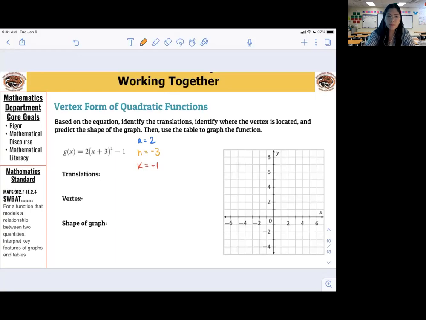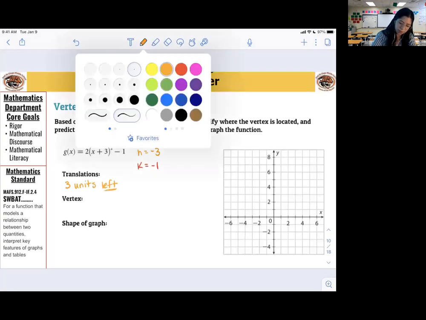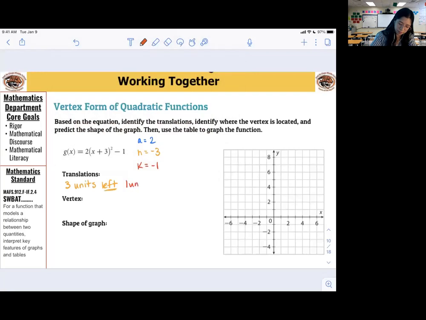Three units left and 1 unit down. You got it. Perfect. 3 units left, 1 unit down. So a couple of you guys forgot to flip the sign of H. Definitely make sure we're remembering to flip the sign on the H.